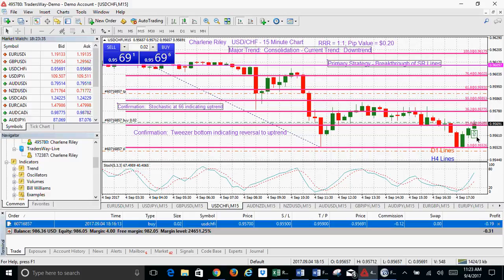Okay, and I have my tweezer bottom indicating the reversal.